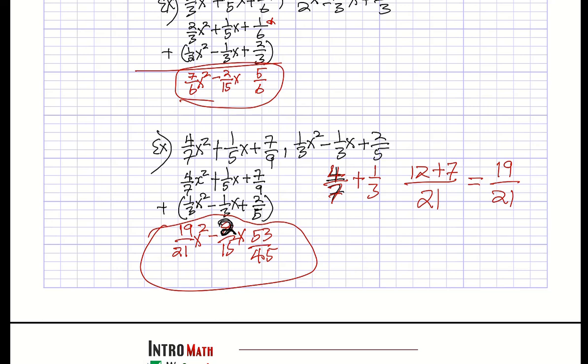So that's why this exercise will help us. It's like we'll leave the variables and then add the coefficient. When we're done, we'll put the variable back. That's all we're doing there. So that will help us when we get somewhere.